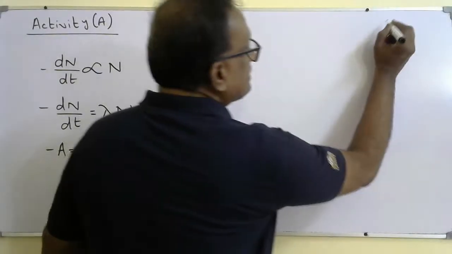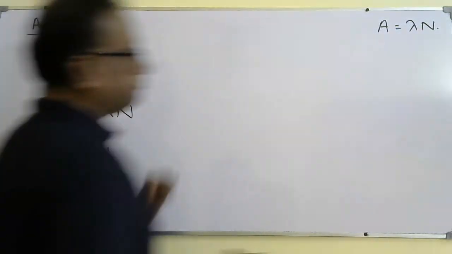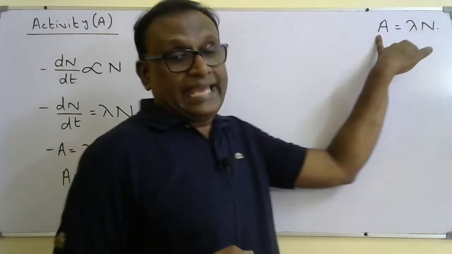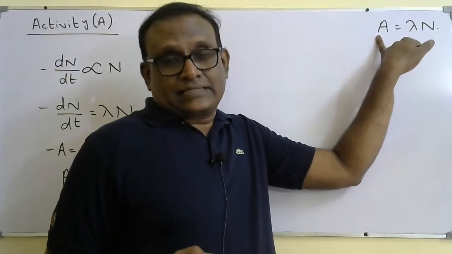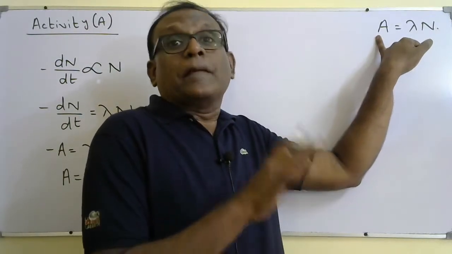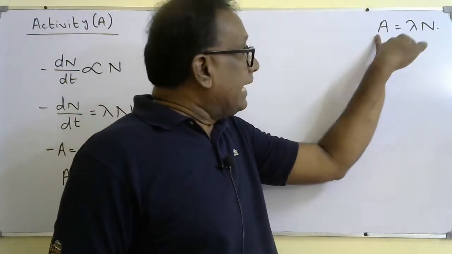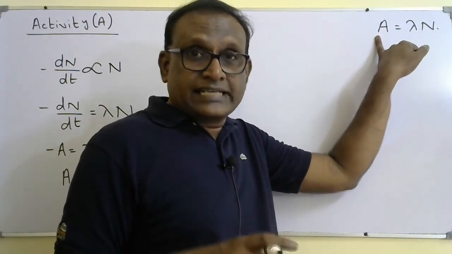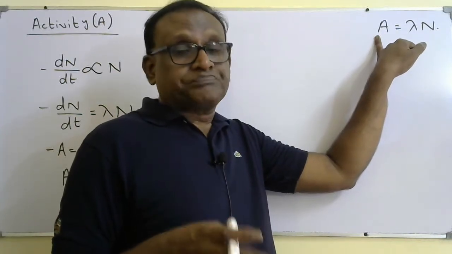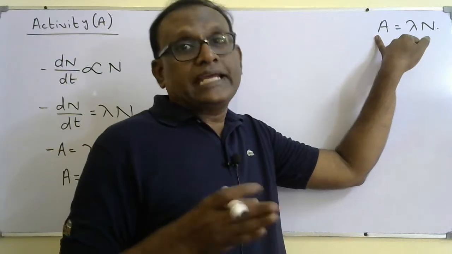So this is the first equation we are going to use, A equal lambda N. Here the unit of A is per second, and the SI unit is called becquerel, denoted by Bq. So A indicates the rate of disintegration, activity. Its base unit is per second. SI unit is becquerel, denoted by Bq.